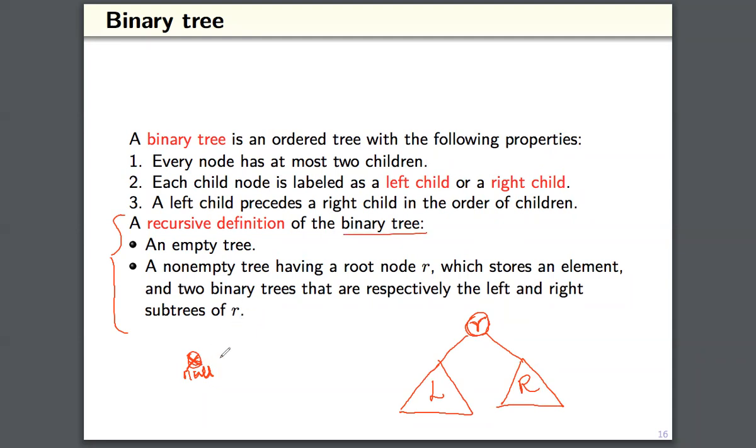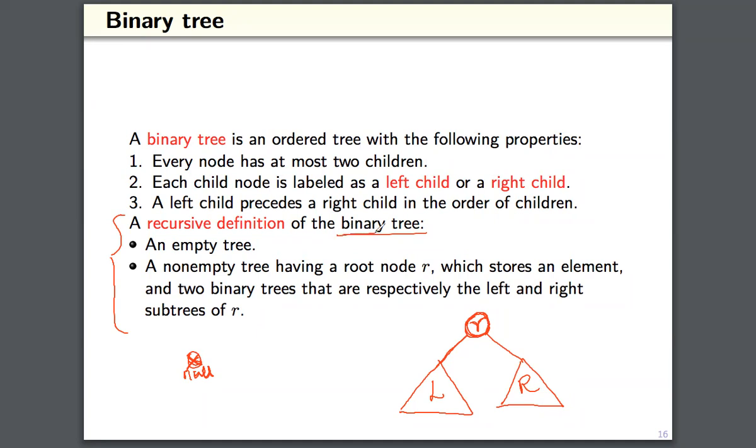An empty node is a binary tree, or there is one non-empty node, non-null node, and it has a left subtree, that is a binary tree, and a right subtree, that is a binary tree.